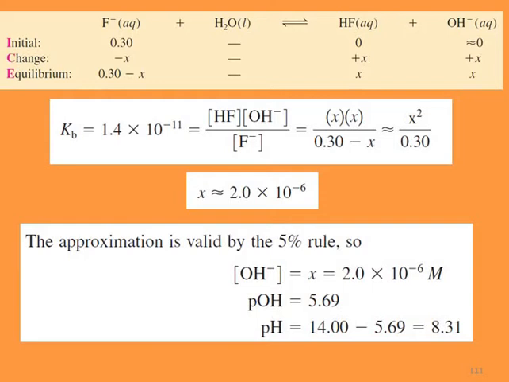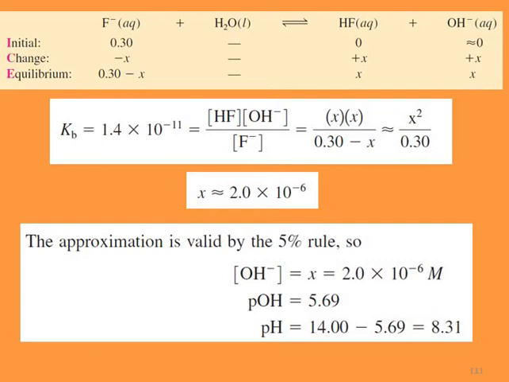So Kb can be defined as, we can substitute all these numbers. For HF we can put x, hydroxide x, and for fluoride concentration we can put 0.3 minus x. We can simplify 0.3 minus x to just 0.3 if we assume x is much smaller than 0.3. So x will be 2 times 10 to the power of negative 6.